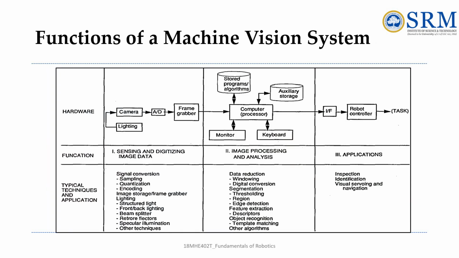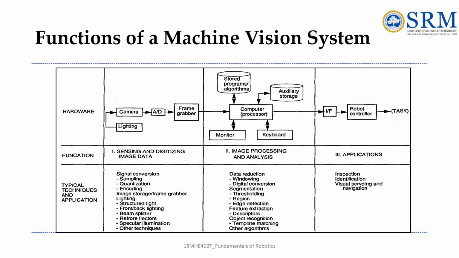And next, functions of a machine vision system. So we have seen what machine vision is just now. So machine vision is concerned with sensing of vision data and its interpretation by a computer. Okay, the typical vision system consists of a camera and digitizing hardware, a digital computer, and hardware and software necessary to interface them.